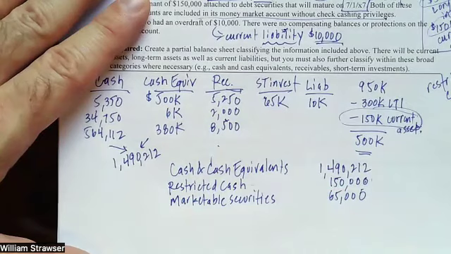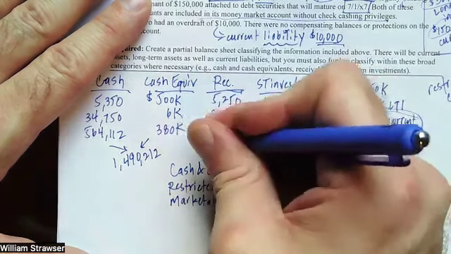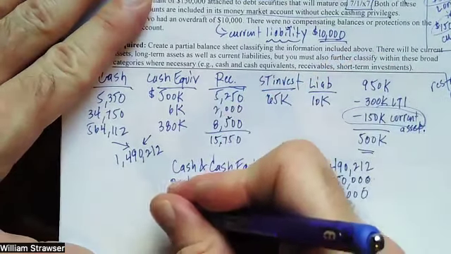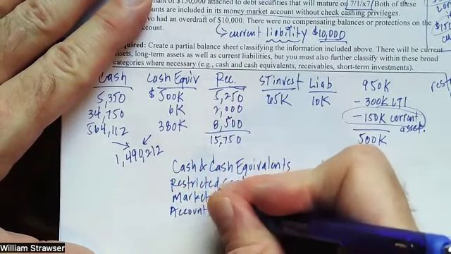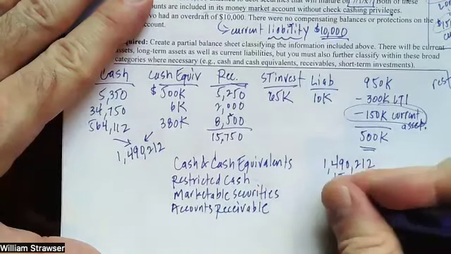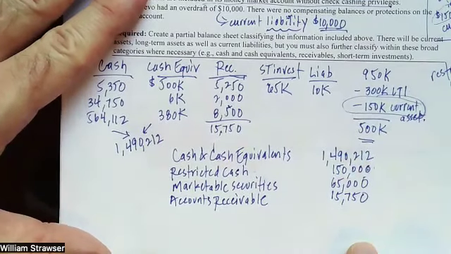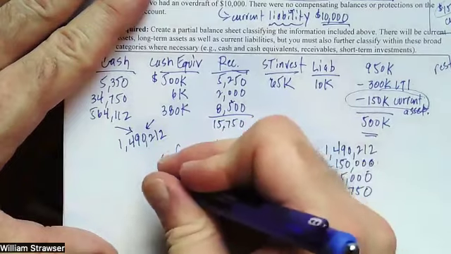And then those receivables come next. And those total up to 15,750. So we'll just call them accounts receivable. And those are all the current assets we have. So that's the end of the current assets.